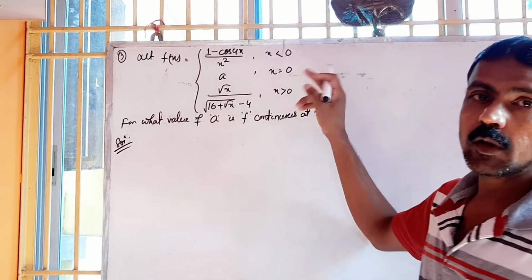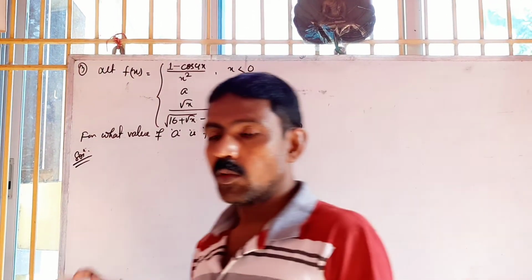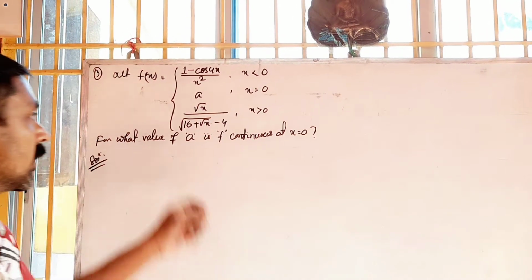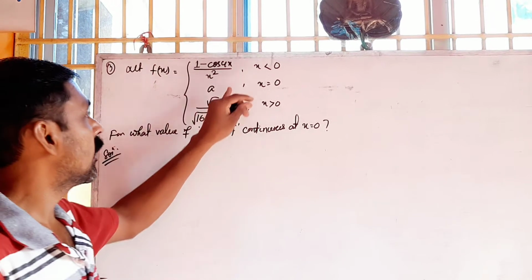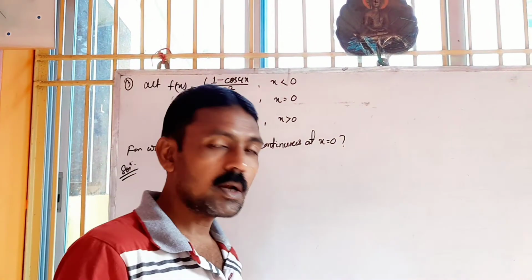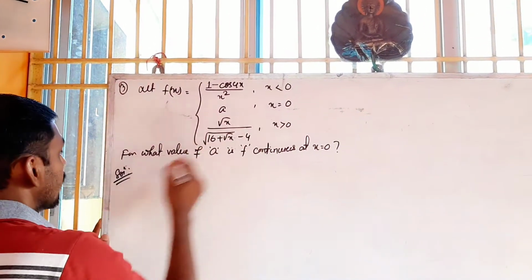Then you have to equate the value with the limit. If both values are equal, then you conclude that the function is continuous, otherwise not. And if you have to find the value of some unknown quantity like this, then after equating, you will get it directly. So here also first we will find the left hand limit and right hand limit.